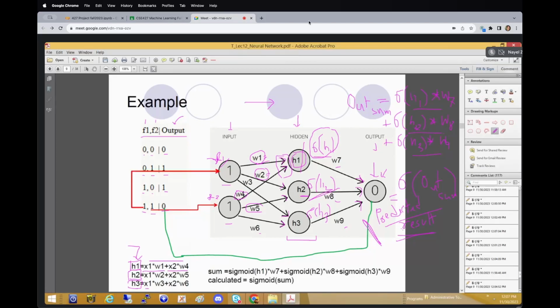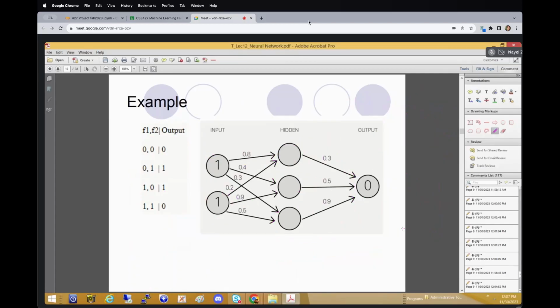Now, let's say we want to find out the predicted value using some random values.